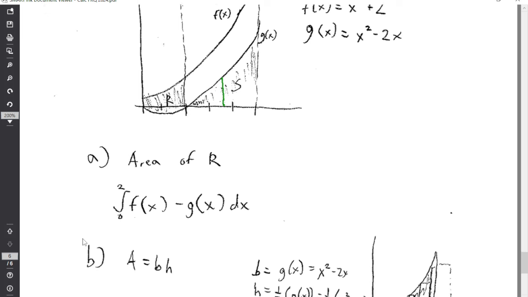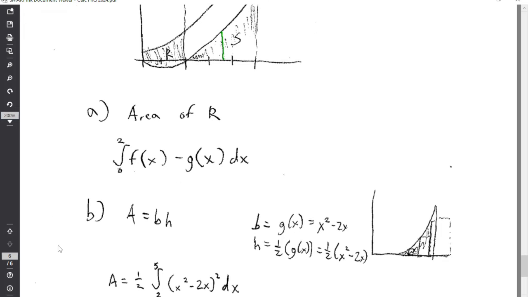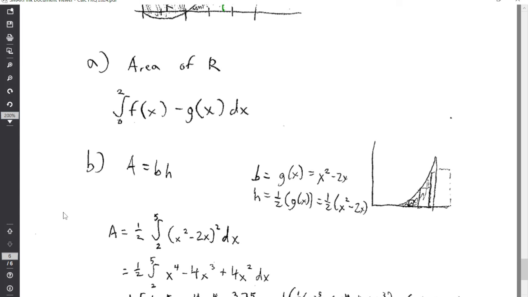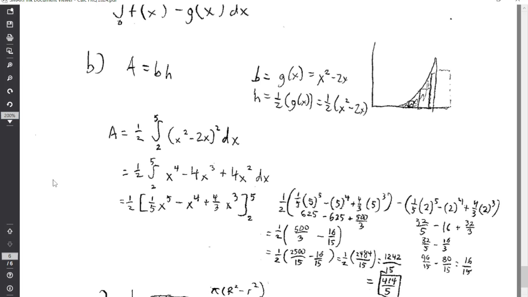So the base is g of x, and the height is just half of that, half of g of x. So we take our integral of 1/2 base times height, these two multiplied together, squared. And so I went ahead and did out all the work, but you don't need this much detail. As long as you got to here of plugging in 5 minus plugging in 2 and didn't make any mistakes after that, then you should be okay in what answer you got.